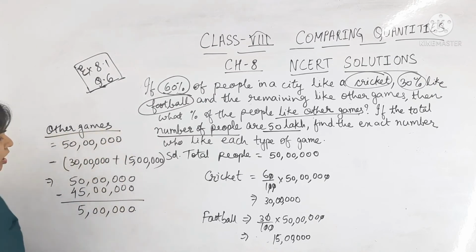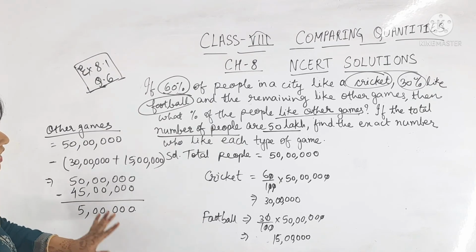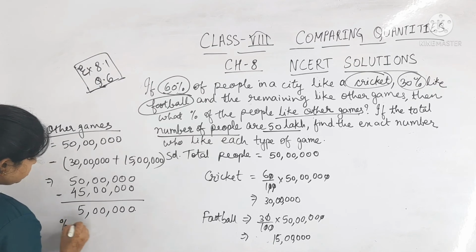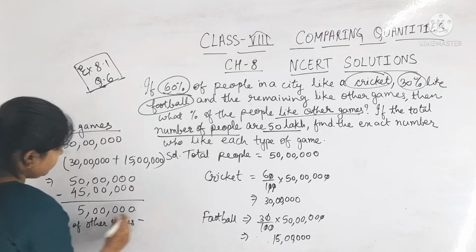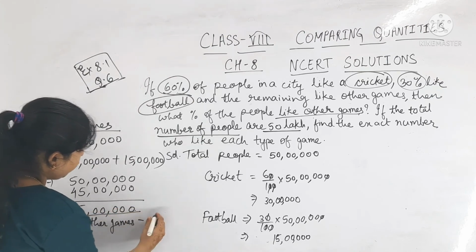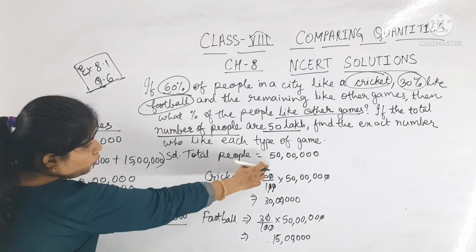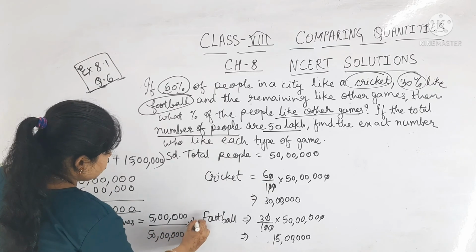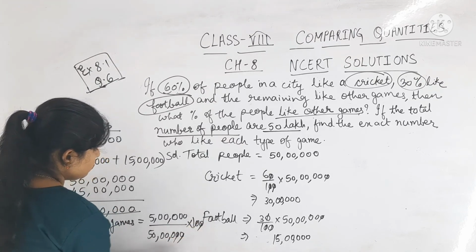For other games, how much? It is 5 lakh. So here you have to find the exact number who like each type of game. If you find the percentage of other games, it will be the number of people for other games, 5 lakh, upon the total number of people, that is 50 lakh, into 100. 2 zeros are cancelled.